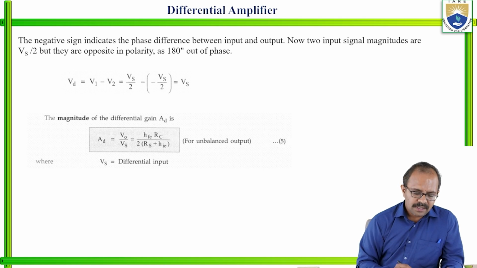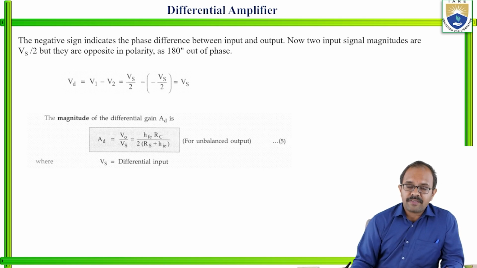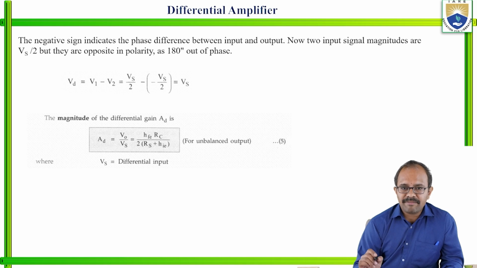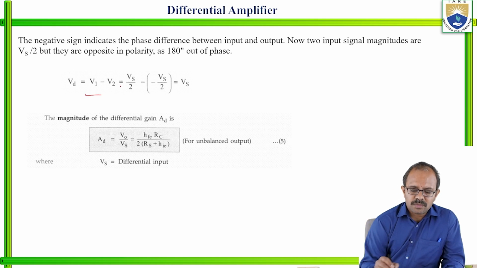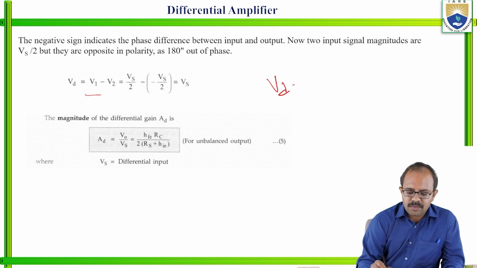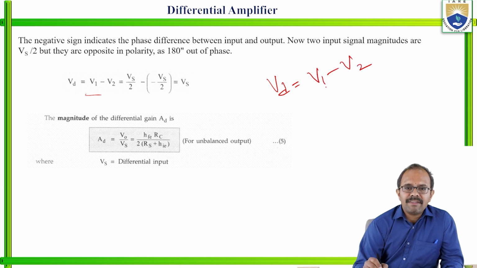Now see here, we are going to define the parameter called Vd. What is Vd here? Difference voltage. Vd is equal to V1 minus V2. What is V1 here? V1 is the input applied to the first transistor and V2 is the input applied to the second transistor.